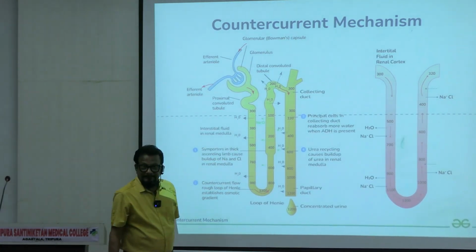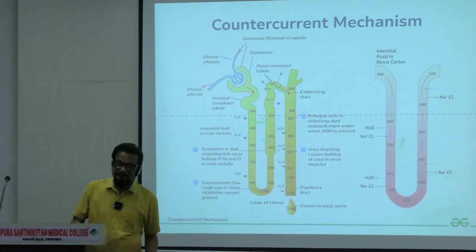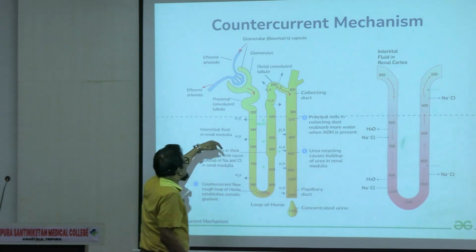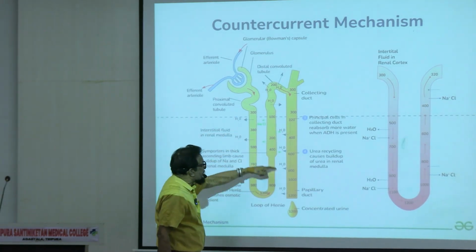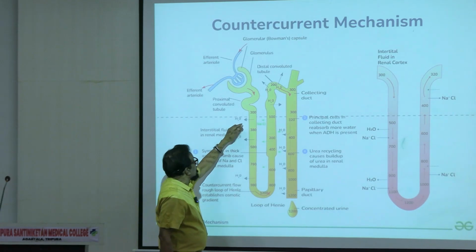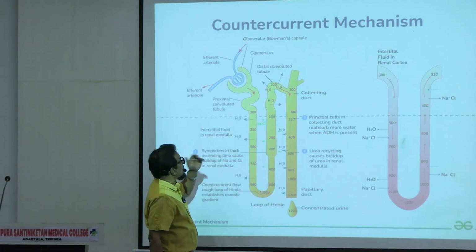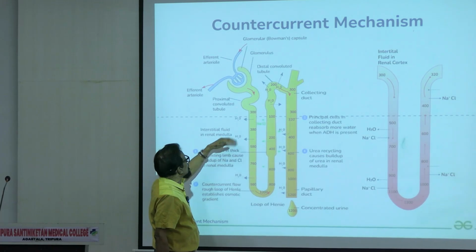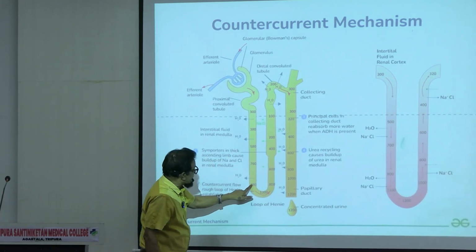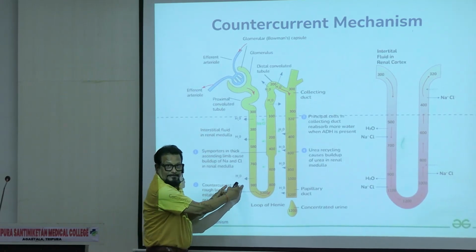Now you can see one thing here. In the medulla, see the gradual increase in osmolarity in the interstitium. The interstitium is not shown here; in another figure I will show. Here also, if it is 980, the interstitium will also be 980.